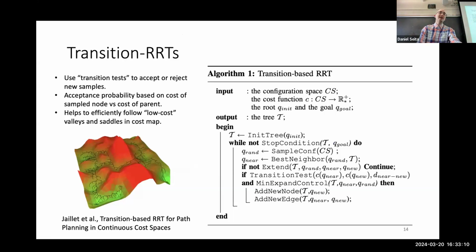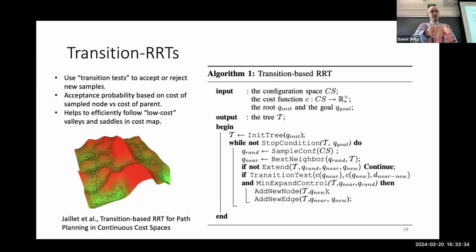So instead of just using a step size and then running your collision checker, what this does is it uses the concept of a Metropolis test. If you're familiar with statistics, sometimes you sample something and then you accept or reject it.